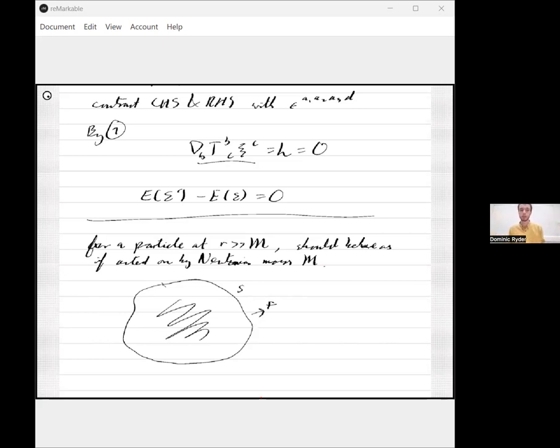So at infinity, we're going to think there's no gravitational energy. And we're going to find that this expression has the same form as the Newtonian expression for a shell around a mass m. Then we're going to equate the expressions, and that's going to be our expression for the mass of a space-time.